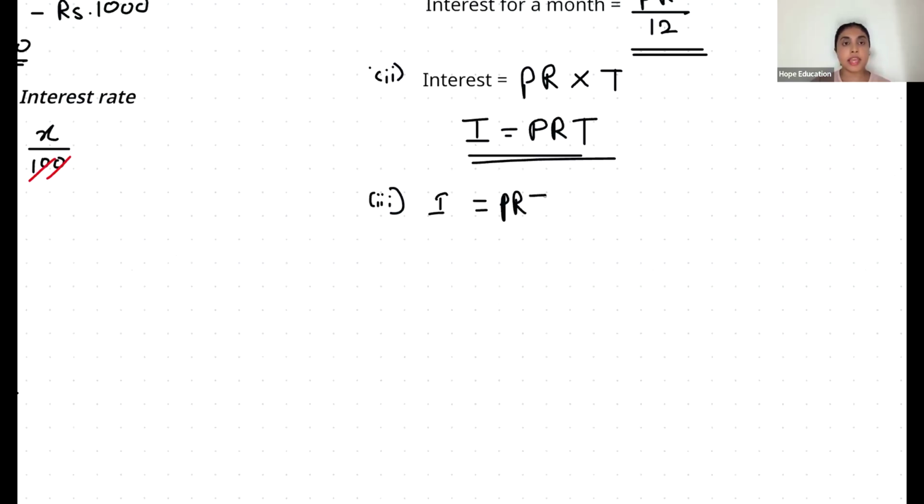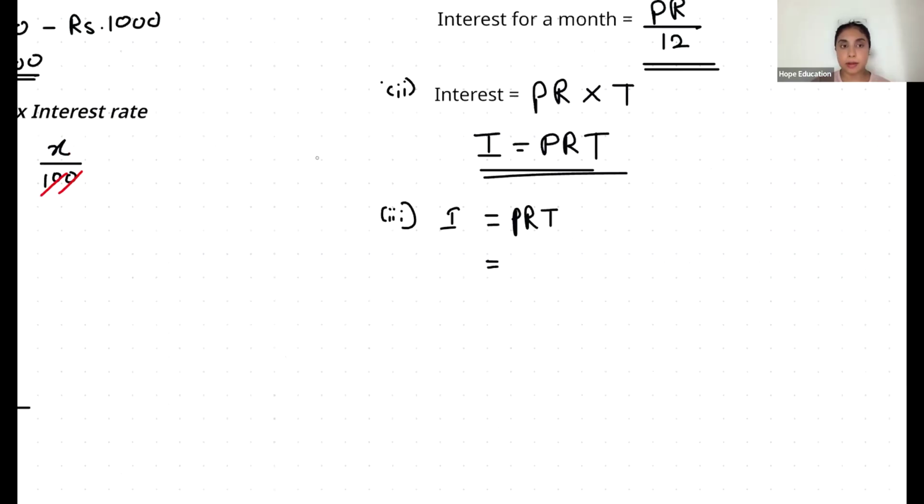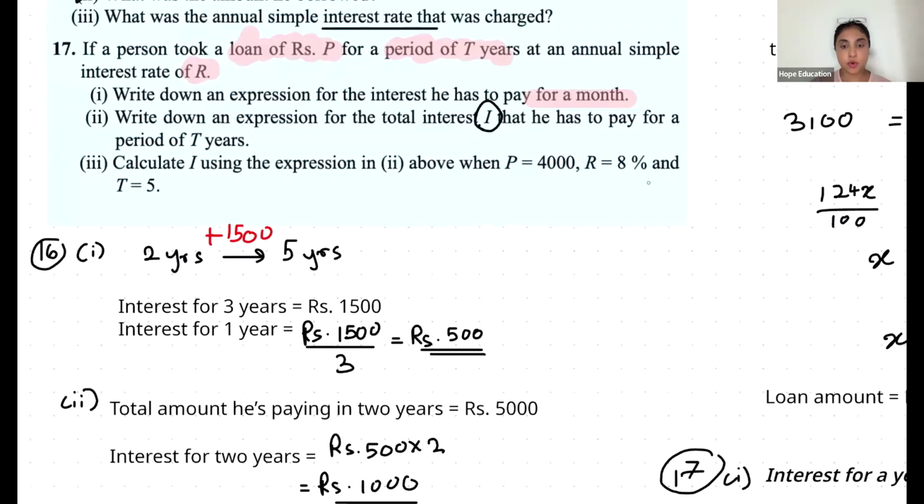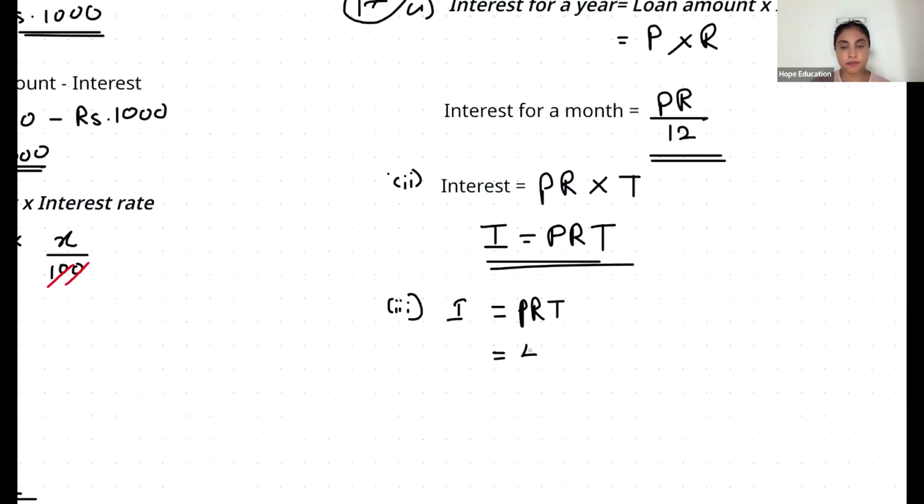So now P value they have given as 4,000, R is 8%, T is 5. P is 4,000. PRT over 100. You're getting PRT over 100 because for the interest rate, you took it as R%, right? R over 100. Is that why?